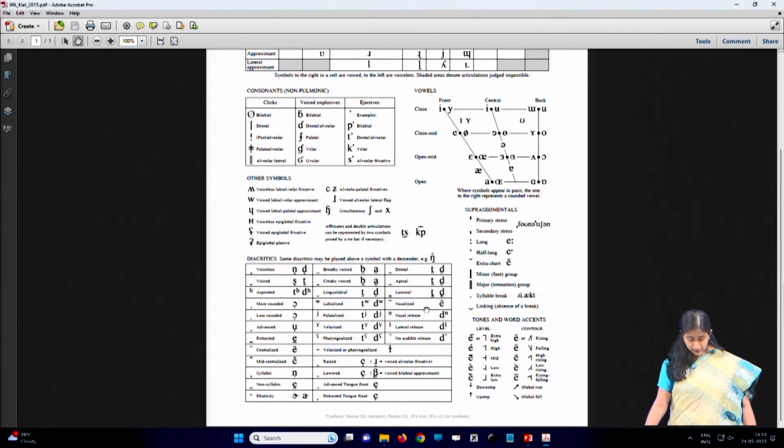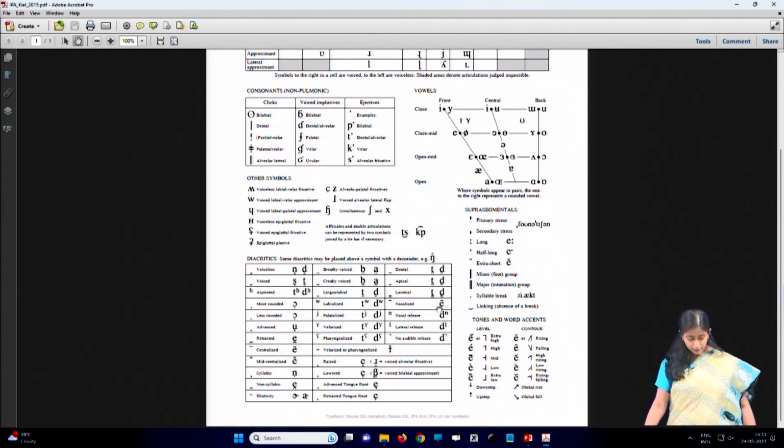So, nasalized. We know generally vowels are not nasalized, they are oral vowels. But when vowels become nasalized, we can use this curvy mark on top of the symbol. The same symbol can also be used for any other symbol to mark it as a nasal sound.